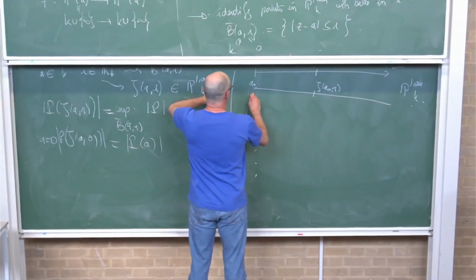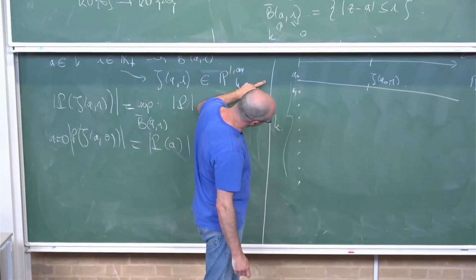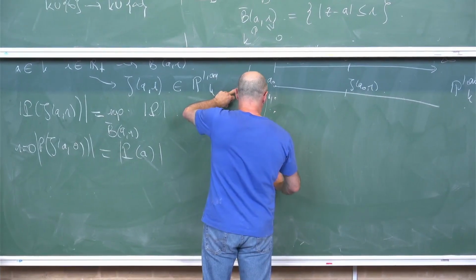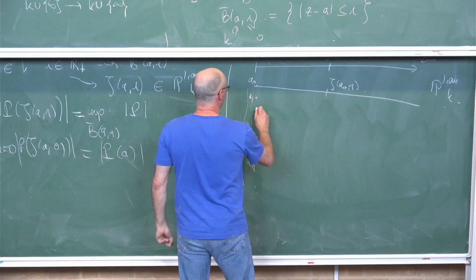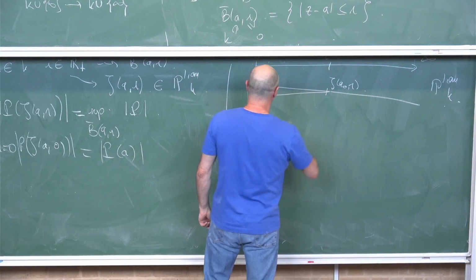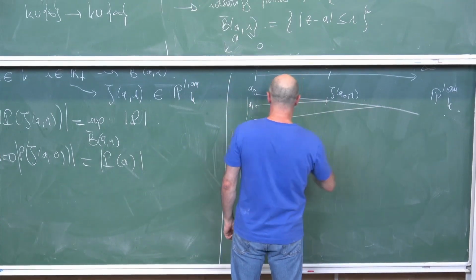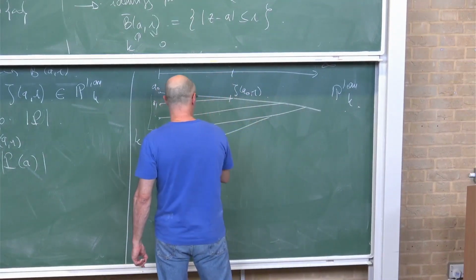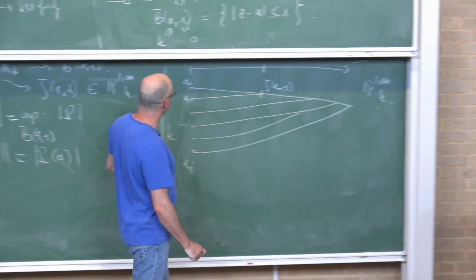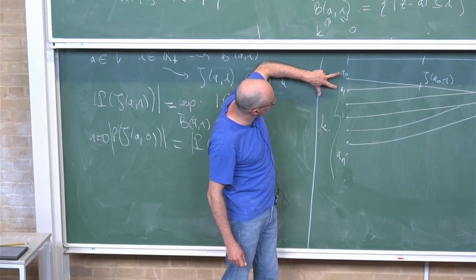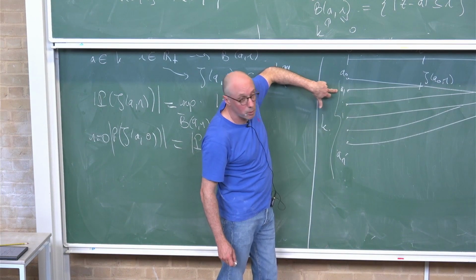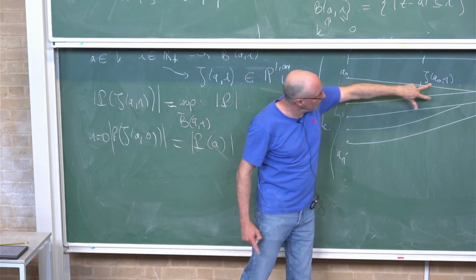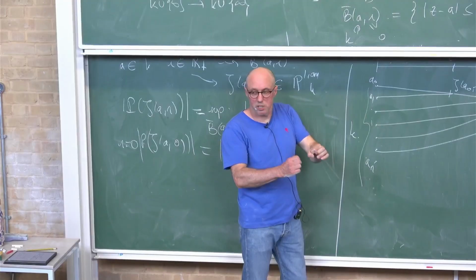So then, let me take, how many points? Too many. Then I have a bunch of lines like this, and what's going to happen is that they are going to join at some point here. So let me explain what this means. A0 and A1 are two different points inside K. When R is very small, the two closed balls are different.